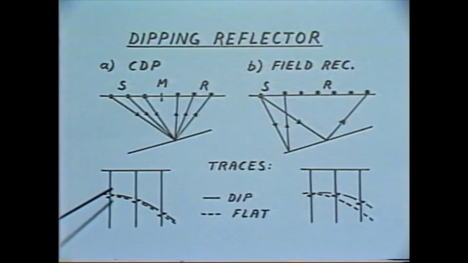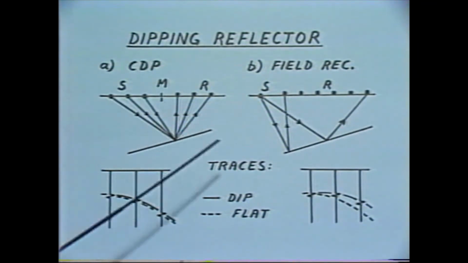The curve of that reflection across the set of common depth point traces would be no different than would be obtained from a flat reflector which arrived at the same time on the near trace.